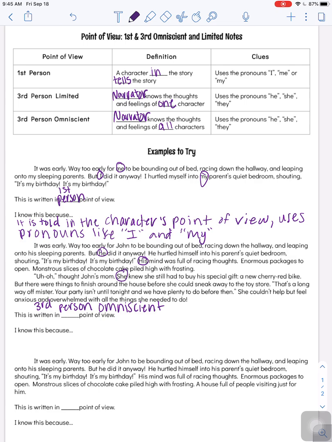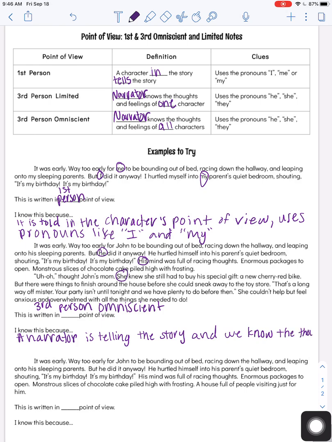So I know that this is in third person omniscient because a narrator is telling the story. And we know the thoughts and feelings of John and his mom.